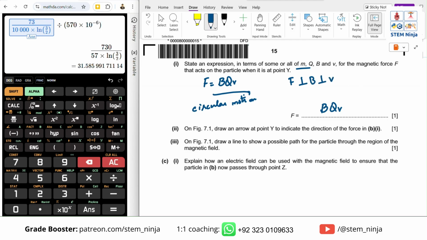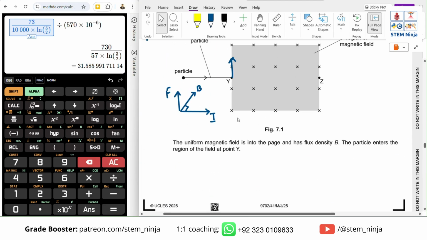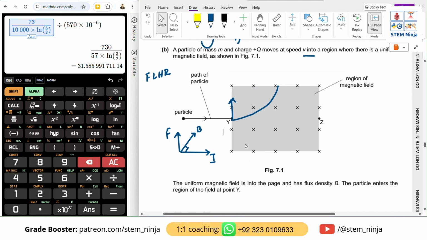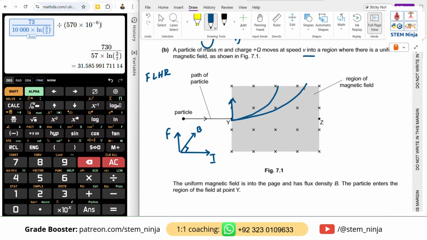So it's going to be a circular path, not the projectile way. You could have a longer radius like this, somewhat like this. Either way, it's fine.